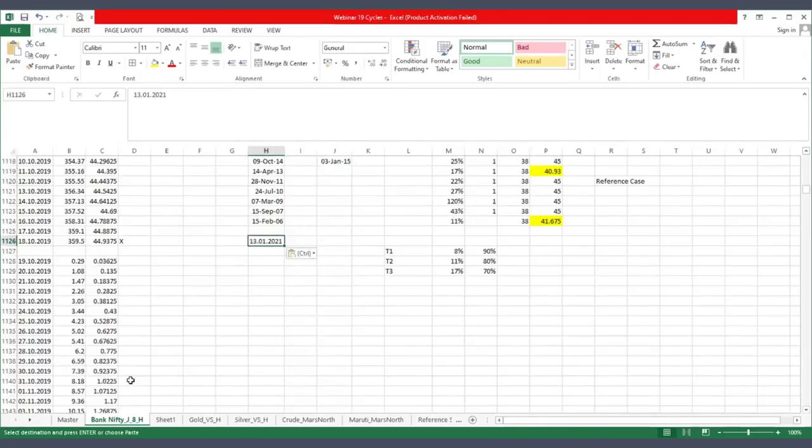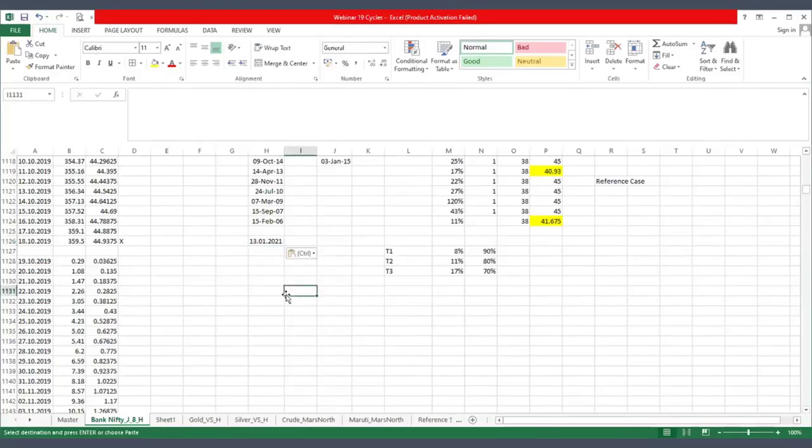Around this date, if the market is already falling, we need to make a trend line, and if the prices cross that trend line, we will go long. Yes, we are on Excel only. So around 13th of January, if we see that the market is already falling, we will be trying to make our entry.